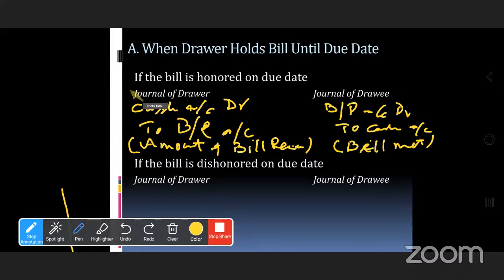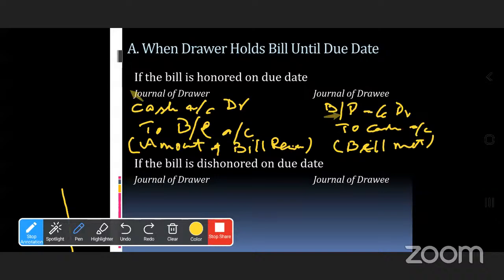So when the bill is dishonored, sometimes the drawee may not be able to pay the bill on the due date. He fails to pay the bill. So we will be writing this in the books of the drawer and drawee.